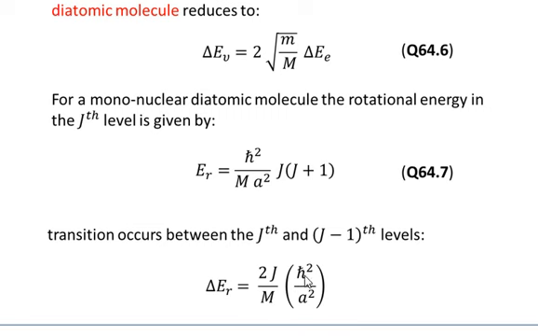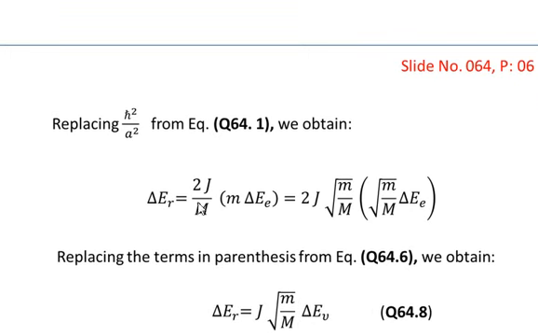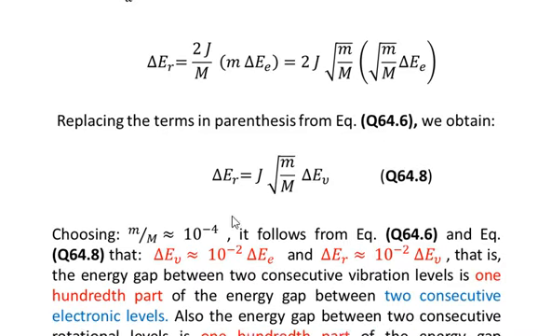If you replace H bar square over A square using equation number 1, you will get delta E R, that is the change in the rotational energy between two consecutive levels, equal to 2J over capital M multiplied by m times delta E E. That can be written as 2J multiplied by the square root of m over capital M, and then multiplied by the square root of m over capital M, and then outside that we have delta E E. Replacing the terms in the parentheses from equation number 64.6, we obtain delta E R is equal to J times the square root of m over capital M multiplied by delta E V, as shown in equation number 8.